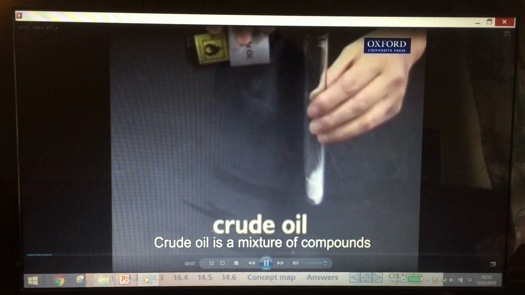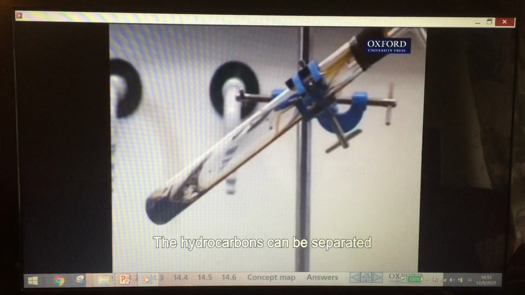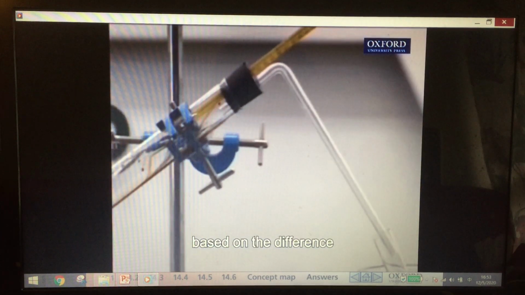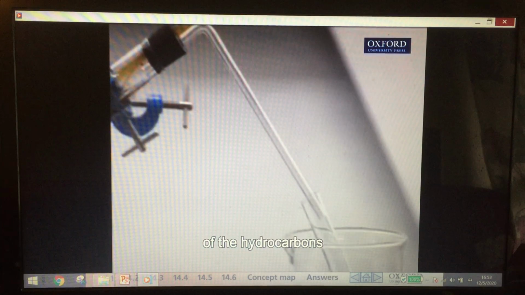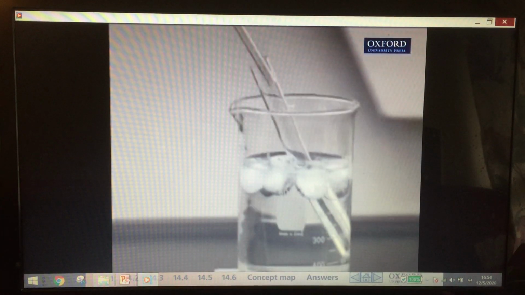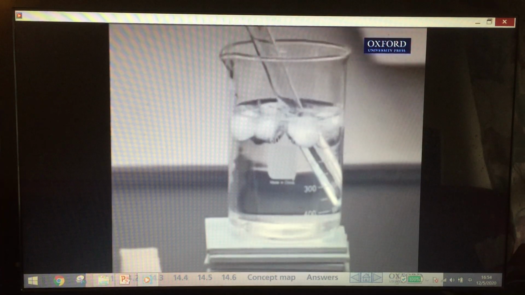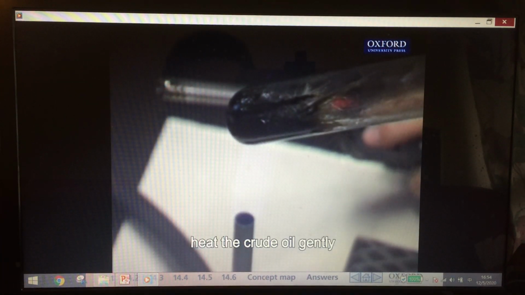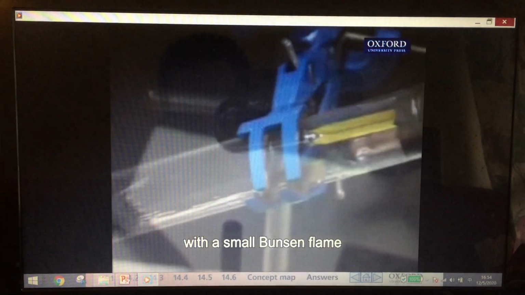Crude oil is a mixture of compounds called hydrocarbons. The hydrocarbons can be separated into different fractions based on the difference in boiling points of the hydrocarbons by fractional distillation. First, heat the crude oil gently with a small Bunsen flame.